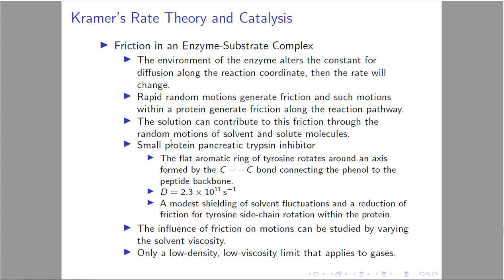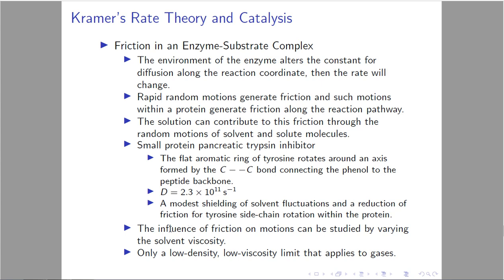Okay, so for example, in the small protein pancreatic trypsin inhibitor, the flat aromatic ring in tyrosine rotates around the axis formed by the CC bond. So the diffusion constant is equal to 2.3 times 10 to the power of 11 per second. A modest shielding of solvent fluctuation and a direction of friction to tyrosine within the protein.